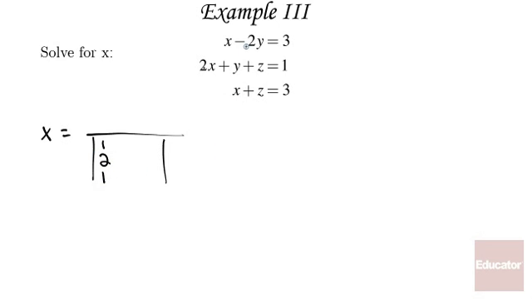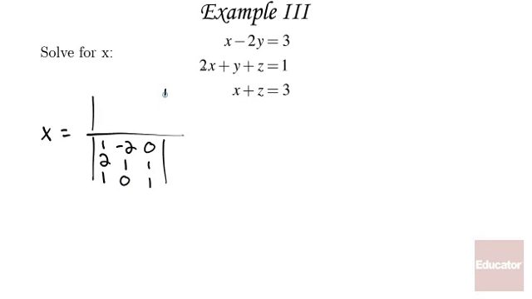Y column: negative 2, 1, and there's no y here, so it's 0. Z column: no z in the first one, so that's 0, 1, 1.